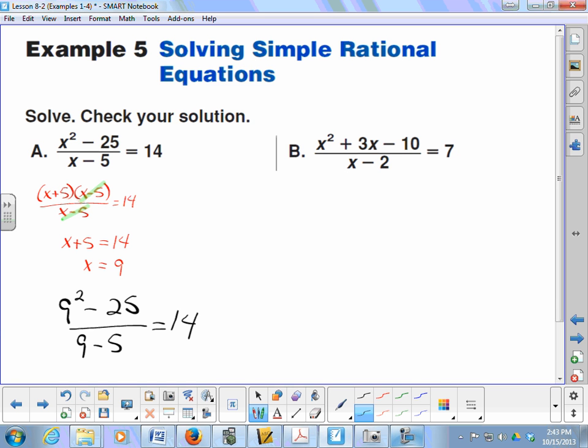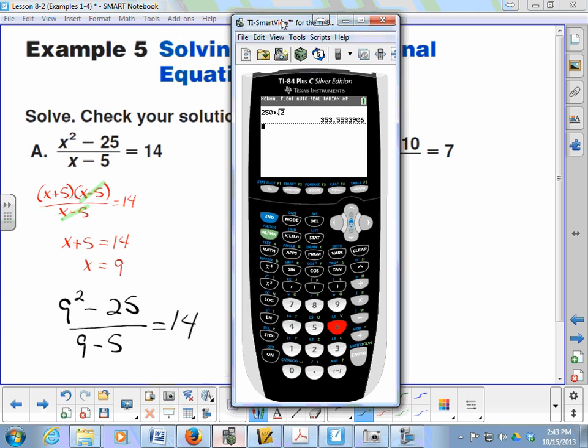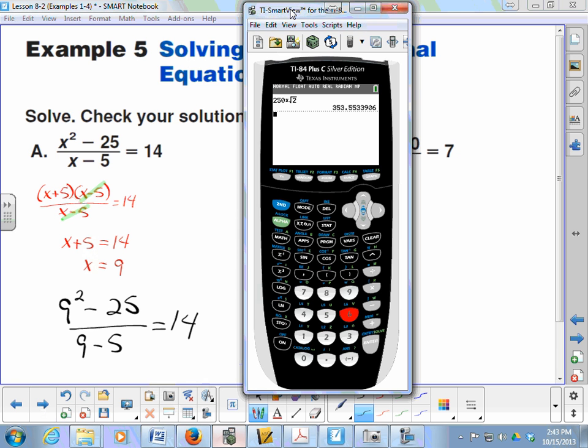And you could just do that right on your calculator to check it out. Let's see, 9 squared minus 25 is 56. And divide that by 4, which is 9 minus 5, I get 14. So it worked. I did it right.